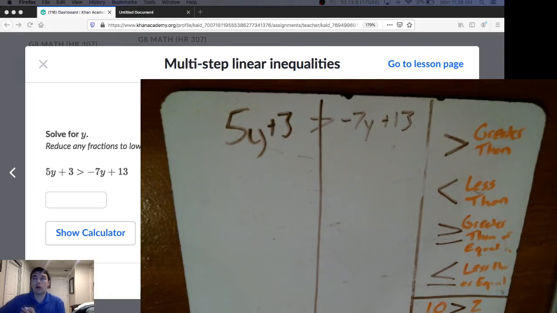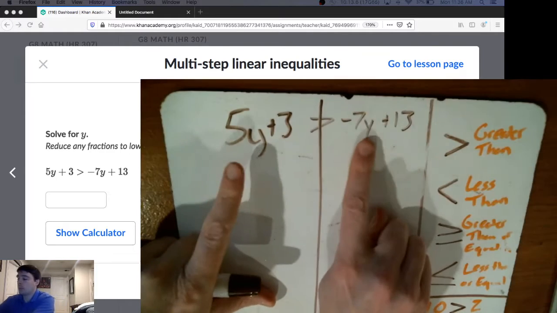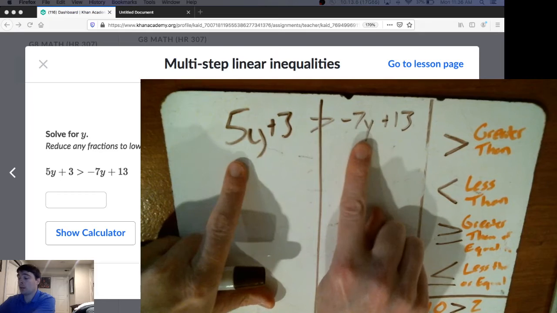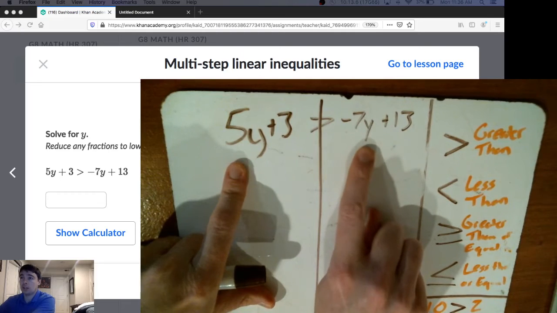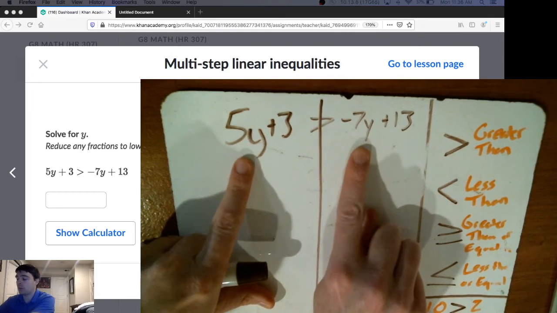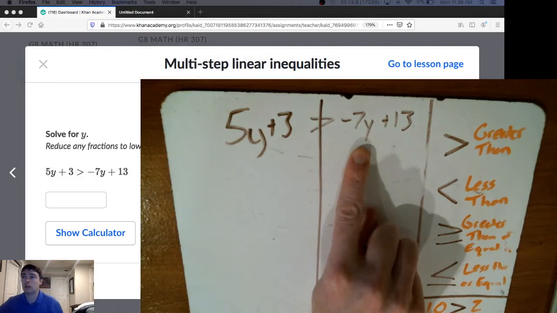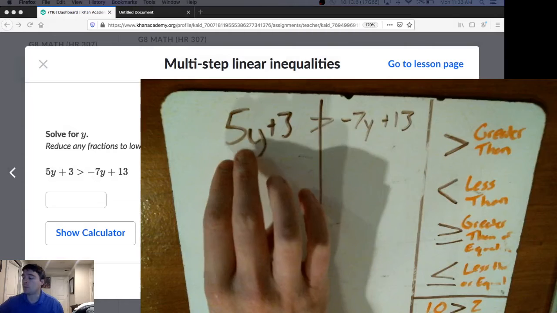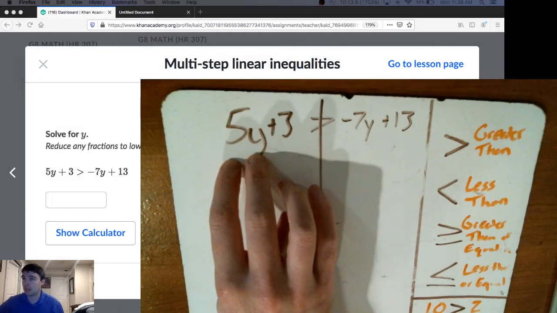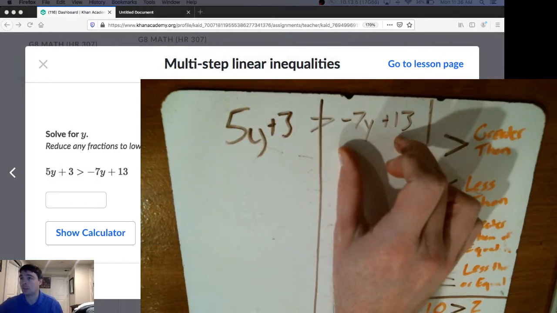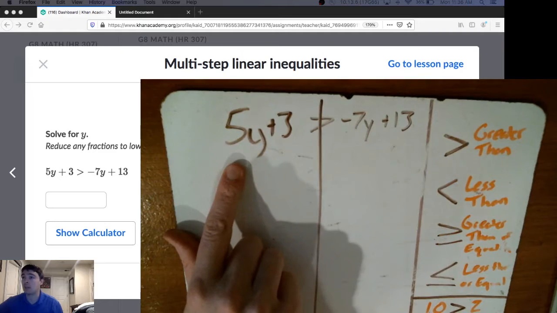And if you recall, the key, when we have a variable term on both sides of an equation or an inequality, is that we can't really solve it until we gather those variable terms to the same side so they can be combined. Here, I could either try to move the 5y away from the left side and send it over to the right expression, and that would be with a negative 5y.